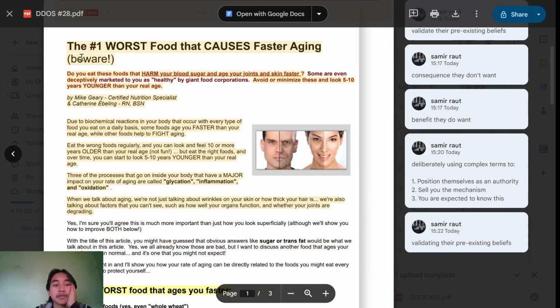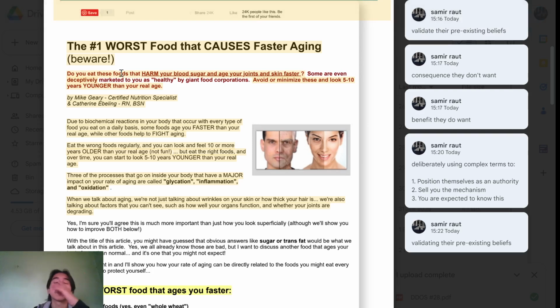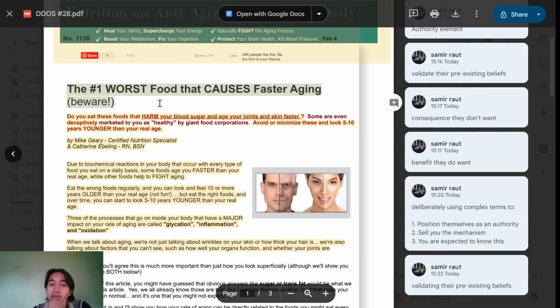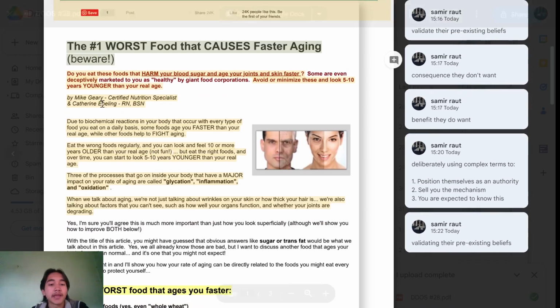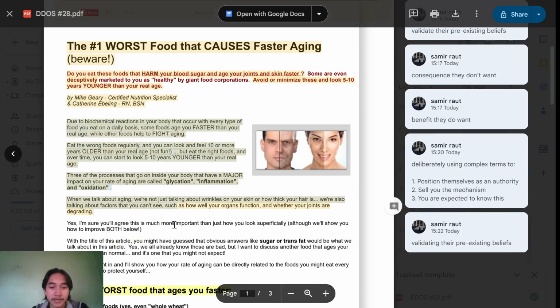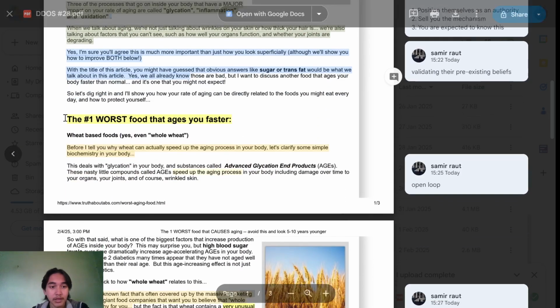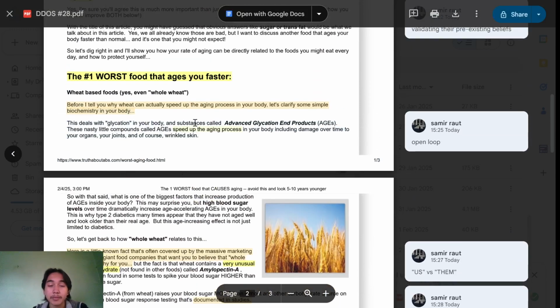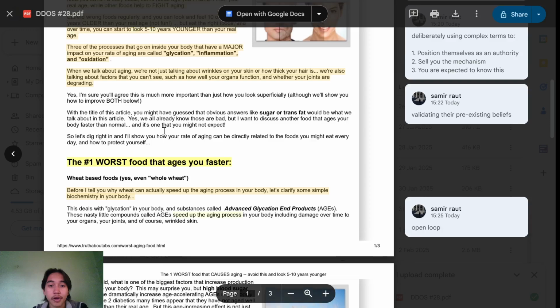So the whole element of this is attacking an underlying psychological conditioning of humans, because all of us don't want to age, and when you talk about this stuff, it's very intriguing. Then you validate their pre-existing beliefs. You talk about the nuances.